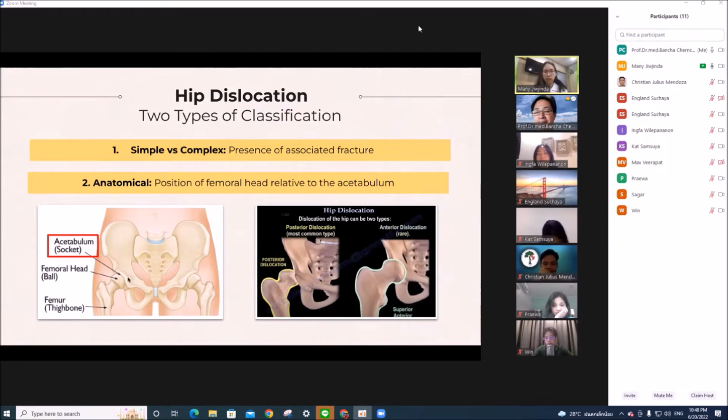You look at the femoral head in respect to the acetabulum, the ball in respect to the socket. If it's anterior to the socket, it's an anterior dislocation. If it's posterior to the socket, it's a posterior dislocation, like the picture I provided on the right. I think it's pretty clear.